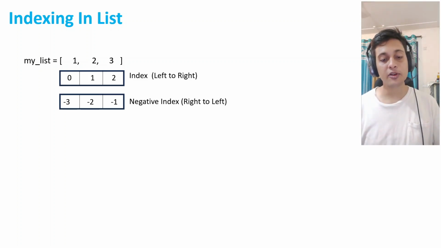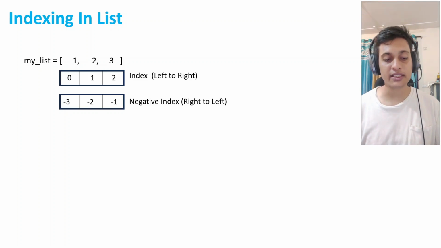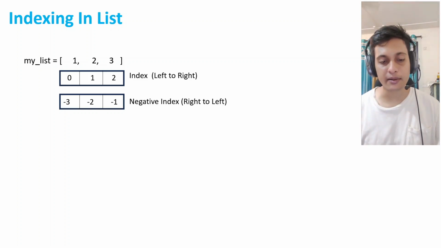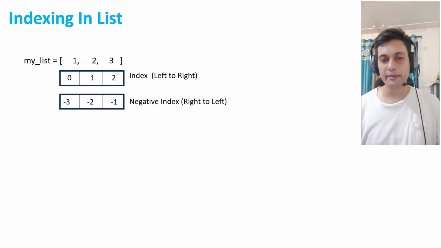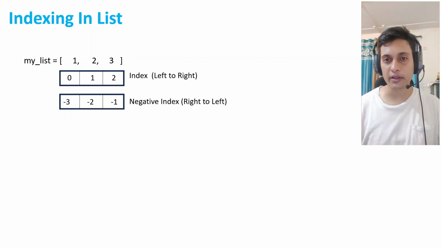The negative index starts from right to left and it starts from -1: -1, -2, -3. Why do we need the positive index and the negative index? When it comes to a list, you might need an item which is closer to the starting point, or an item which is closer to the end point.